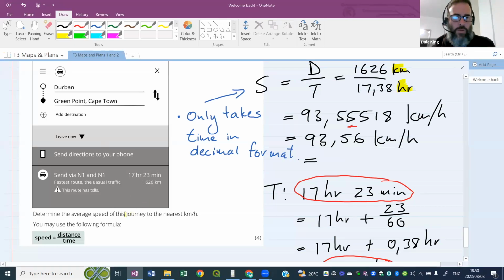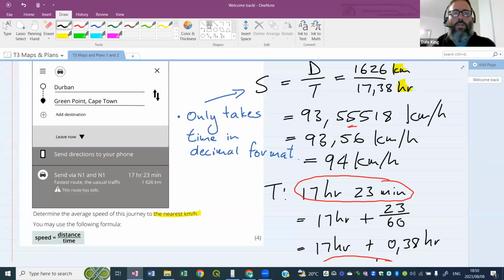And someone's reminding me, it's telling you otherwise. Round off to the nearest kilometer. So let's go back to our 93.555, round off to the nearest kilometer. We go up to 94. Yep, I didn't even read that instruction properly. You see what happens? All right. Read the instruction carefully. Highlighted like that, then you remember.